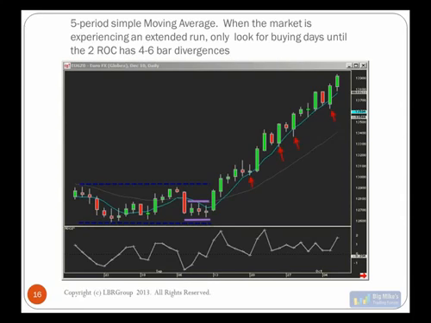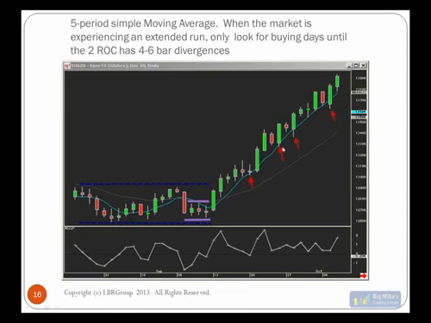When we enter this environment, this extended run environment, which happens in every market about 9 to 10 times a year, okay, when we enter this environment, I use this 5-period SMA as my support line, all right? And you can see the little dips back below this provide support or buying opportunities.